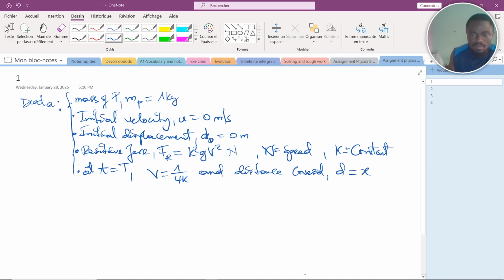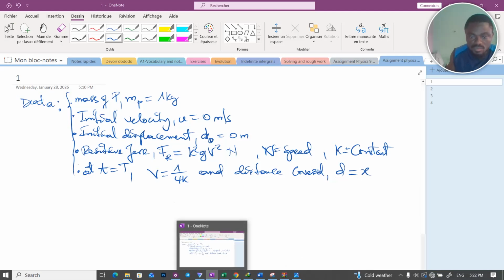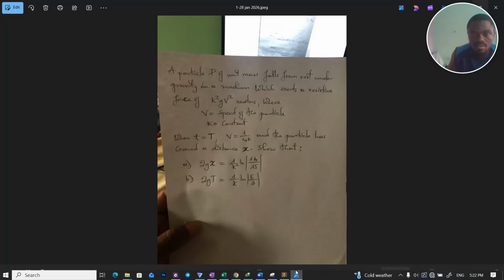Now what was the first question? The first question says: show that 2gx equals 1 on k squared ln of the absolute value of 16 on 15.